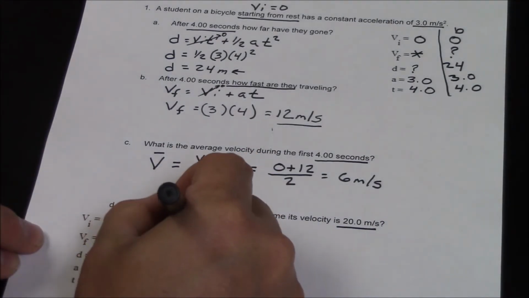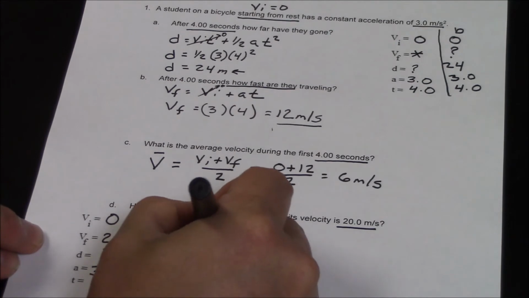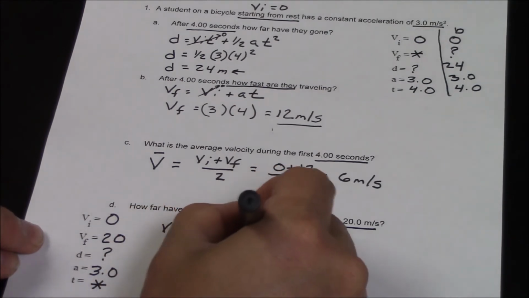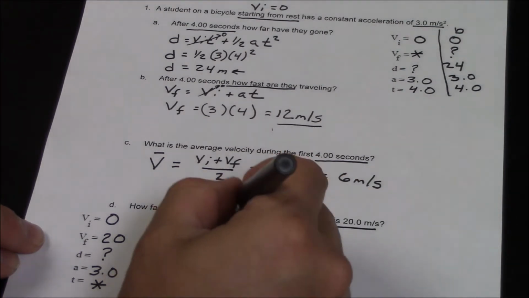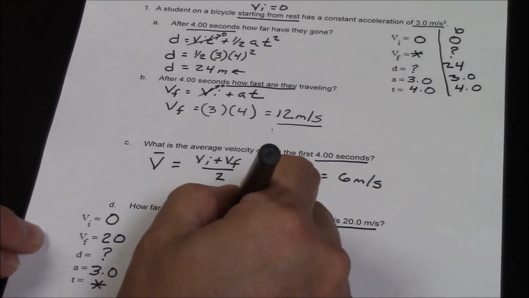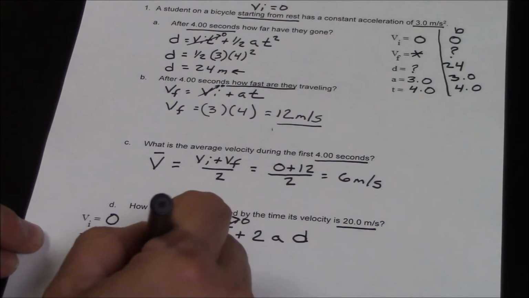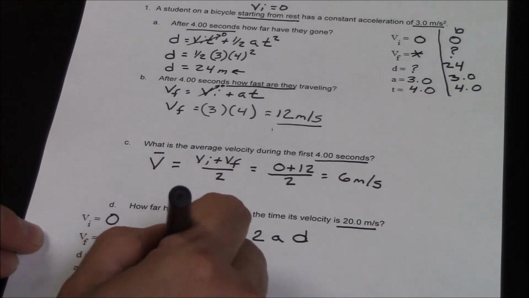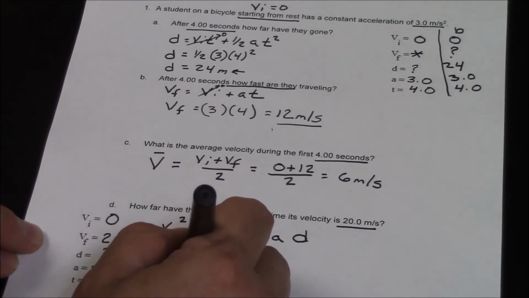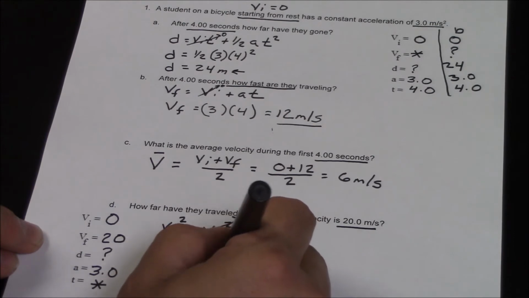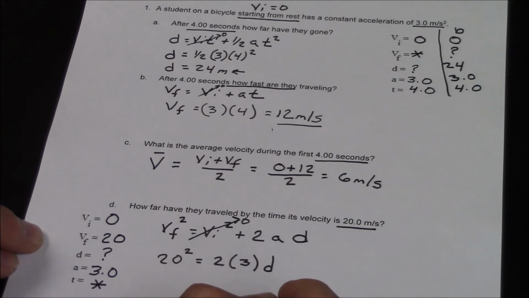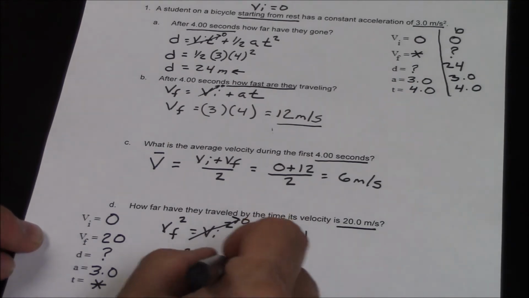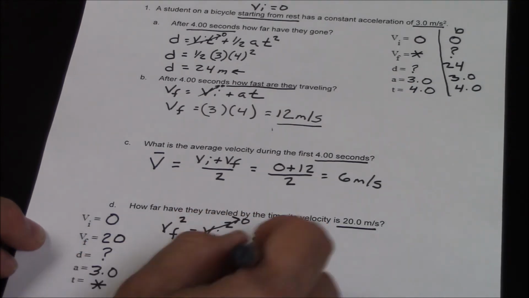Velocity final squared equals velocity initial squared plus 2AD. Velocity initial is 0. So velocity final is 20 squared equals 2 times 3 times D. So I'm going to solve the rest of this. I'm going to move these around.